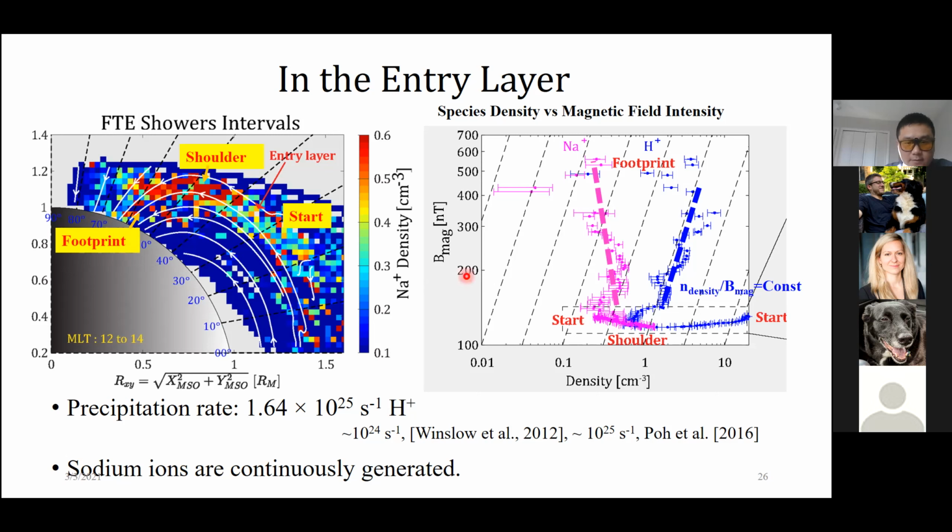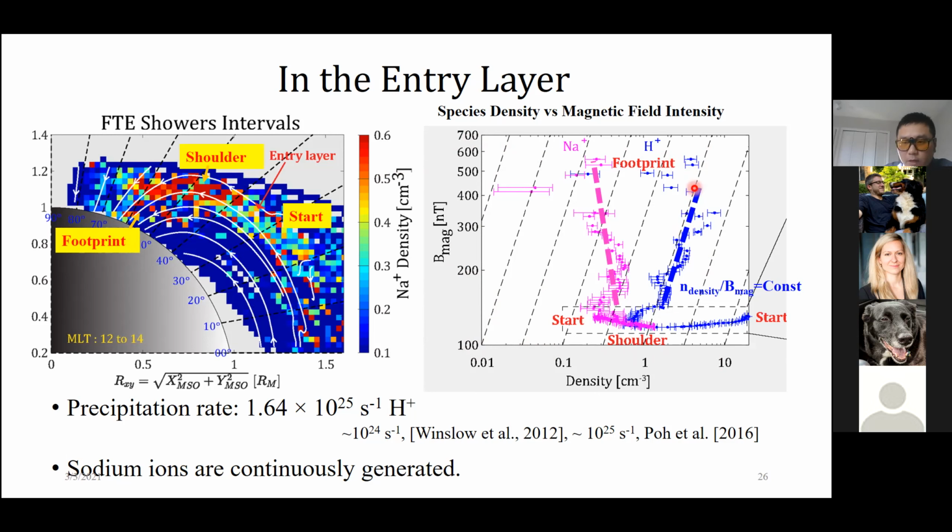In the density profile here, the horizontal axis is the density, and the vertical axis is the average magnetic field intensity at each point. The highest value corresponds to the planet's surface. What we see here is that the solar wind proton density increases as the magnetic field intensity increases, which means the plasma content is conserved inside the solar wind entry layer.